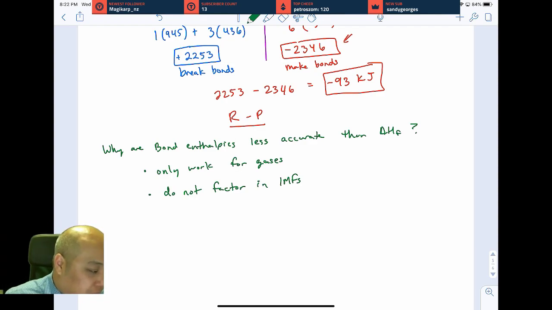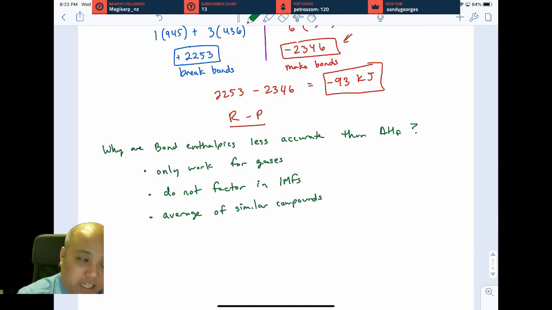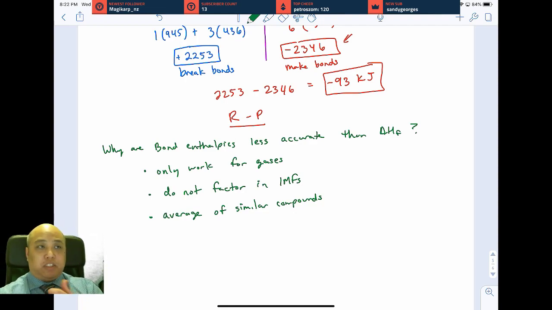Okay, and again, they are usually an average of similar compounds. Every compound with a C to C bond has a different bond enthalpy technically, but we assume that they're all similar enough that we can just use that average to solve it. So if you calculate something with delta H f and you calculate something with bond enthalpy, you're going to have slightly different answers. Maybe even hundreds of kilojoules different because of the states of matter of everything.